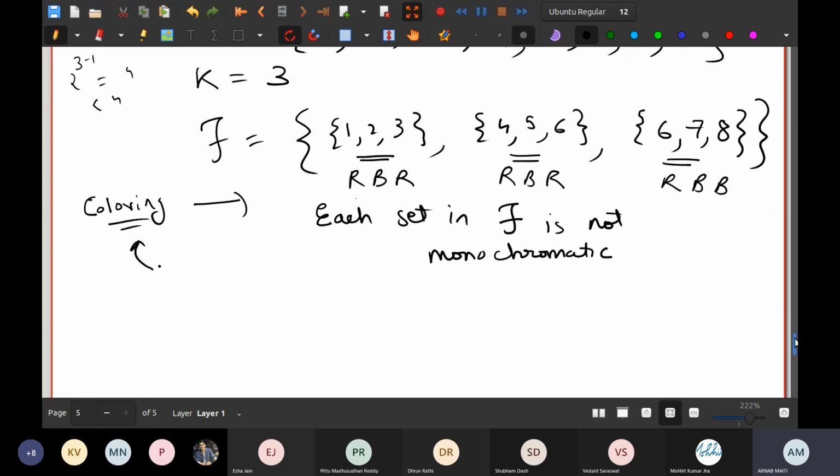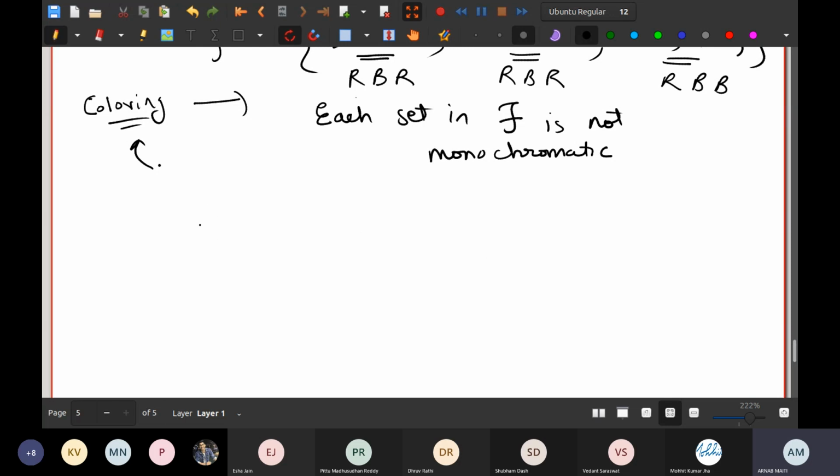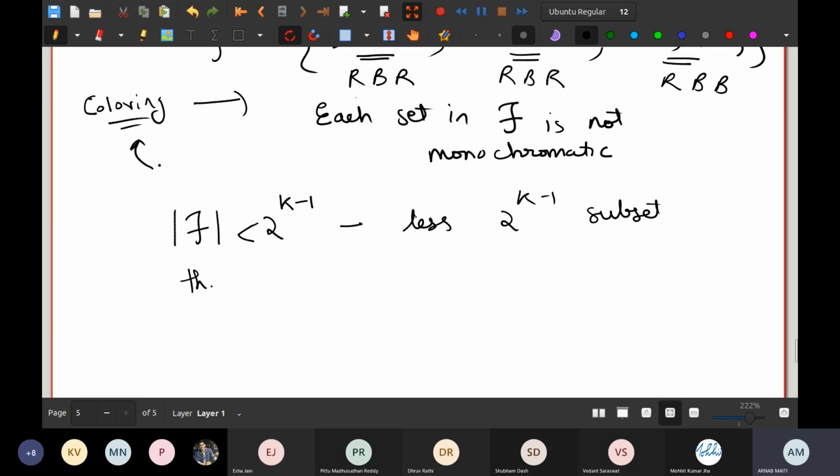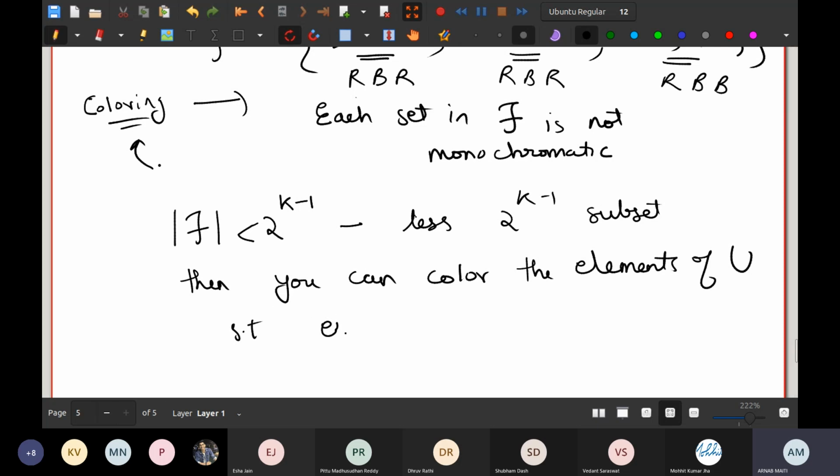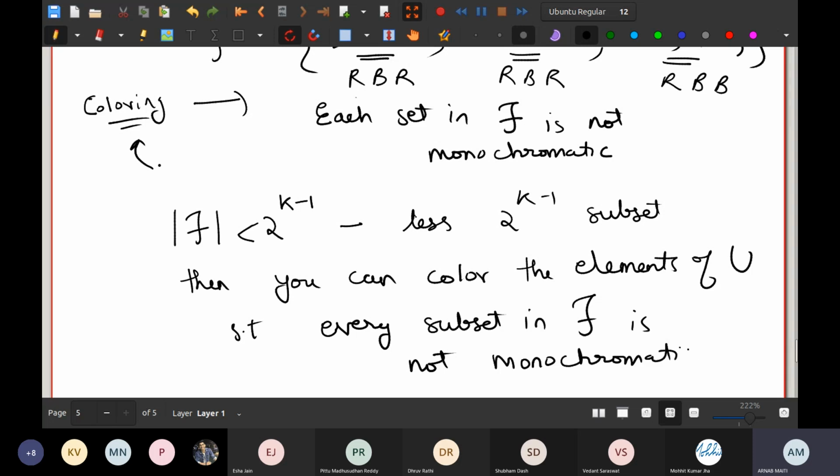So what I am trying to show is that if the size of the family is, sorry, less than 2 to the power k minus 1, that is you have less than 2 to the power k minus 1 subsets, then you can color the elements of U such that every subset in F is not monochromatic. So this is what we are trying to prove.